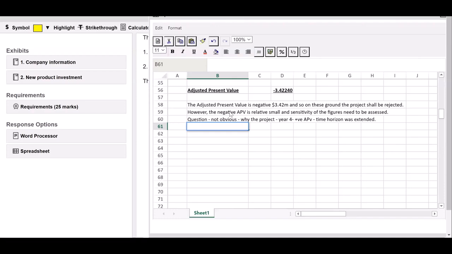And we could also speak about the assumption. What about the assumption? More optimistic. A mistake in calculation or more optimistic assumptions as far as the operating cash flows and other estimates could have made the APV positive.